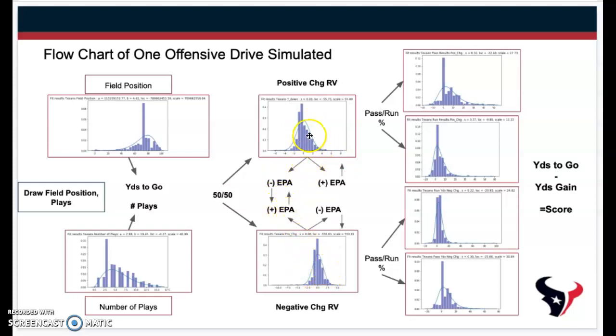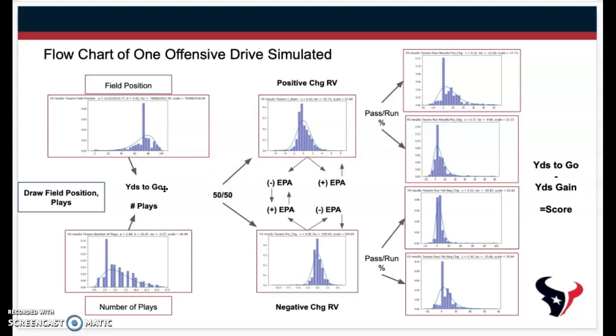When I draw an EPA from this, I'm also going to draw an associated pass or run, and we're going to split by percent, which we observed in those summary statistics. We're going to draw the expected yards gained given a pass or a run play, and that will be the yards that we subtract from yards to go.